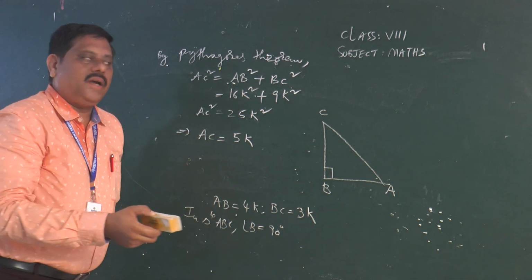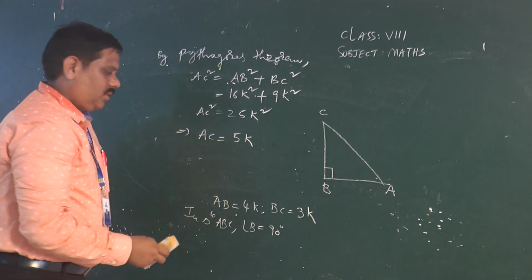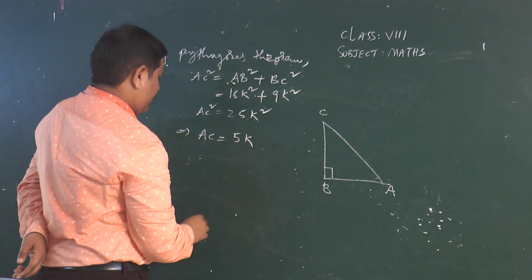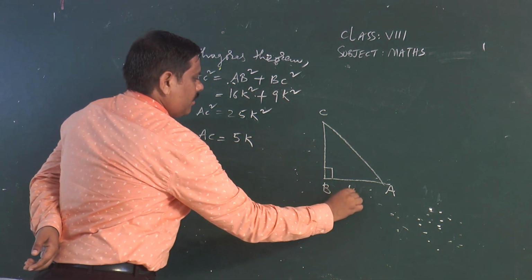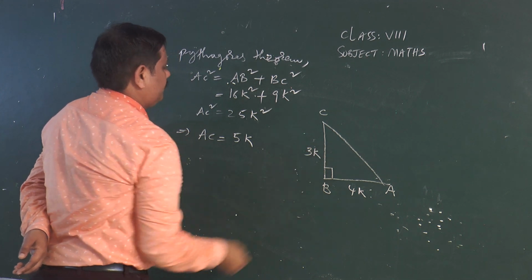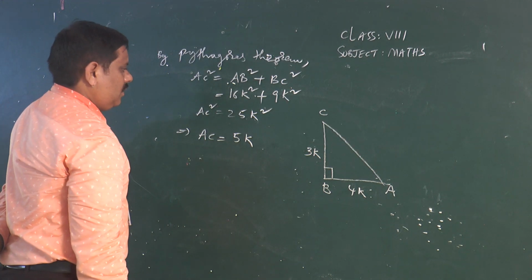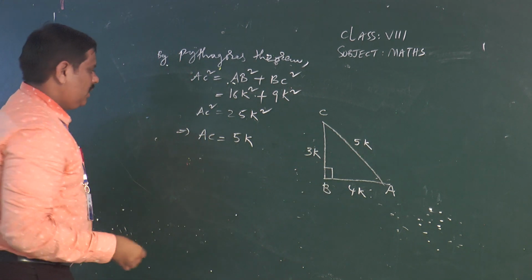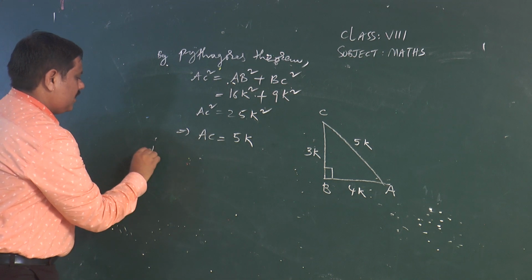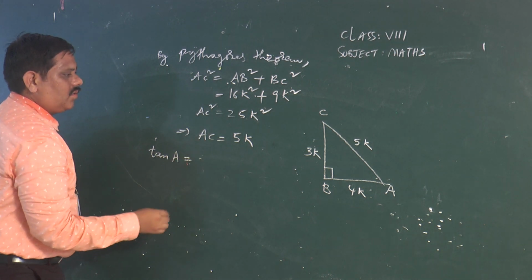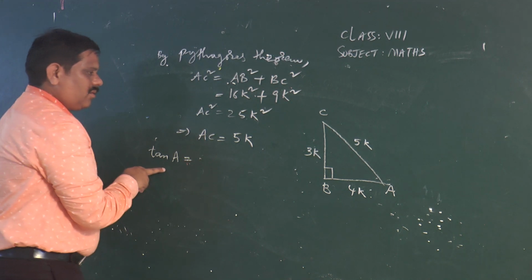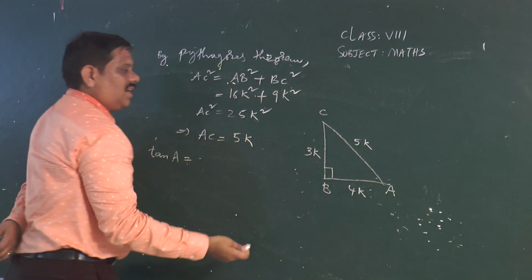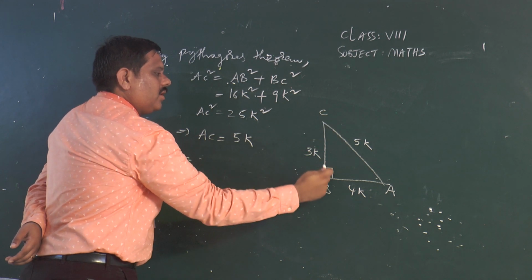Now it is easy for us to define cos as well as sin. Let us do that. So here we have AB as 4K, BC as 3K, and AC already we have as 5K. Now we are going to see what is tan A. According to the definition of tan A, it is opposite side to A by adjacent side to A, otherwise the ratio of perpendicular to base.